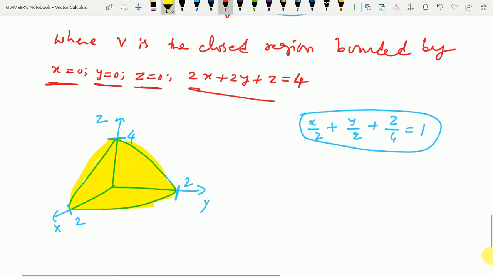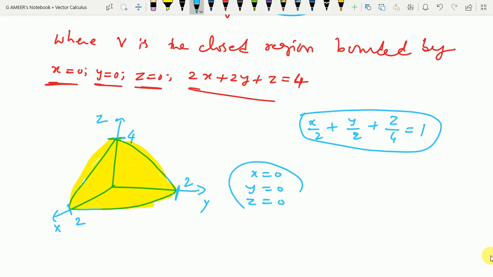As usual, we need to write the lower limits, that is x equal to 0, y equal to 0, and z equal to 0. These are the lower limits of that integration. Now the upper limits: x is from 0 to 2. Then y will be from 0 to 2 minus x.